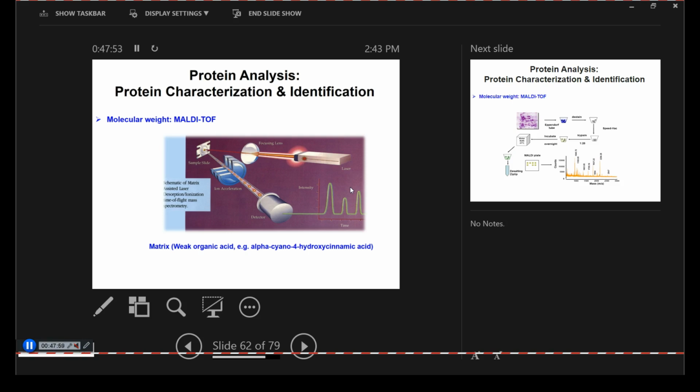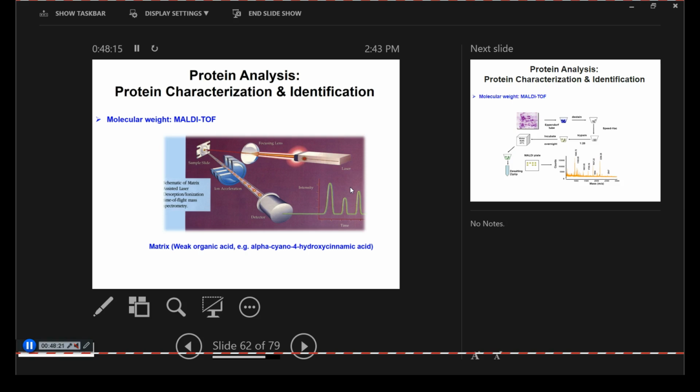And then a voltage is applied where the ions are accelerated down a flight tube, time of flight. So they travel based on their size. The smaller ones will travel the fastest and reach the analyzer the fastest.